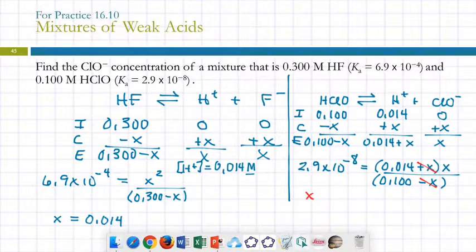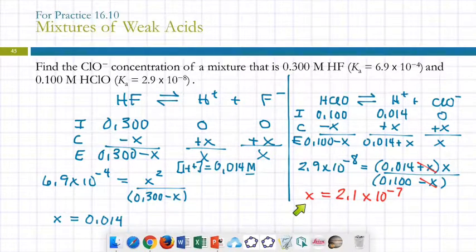And so for x is small approximation, we find that x is 2.1 times 10 to the minus 7. Do we even need to check that against 0.014 or 0.1? That's much less than 5% of those numbers. So x is small approximation is valid.